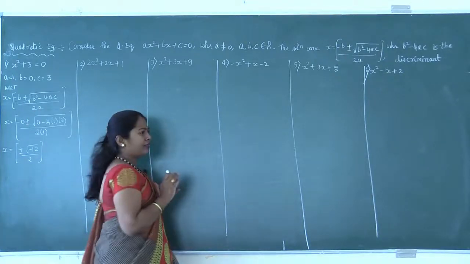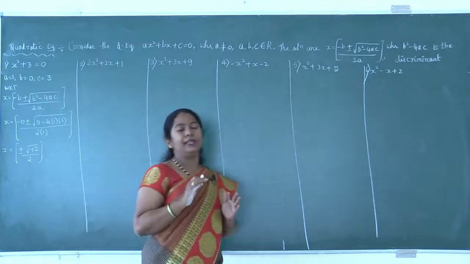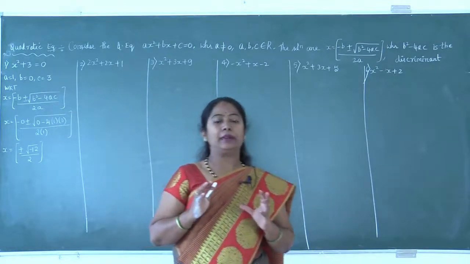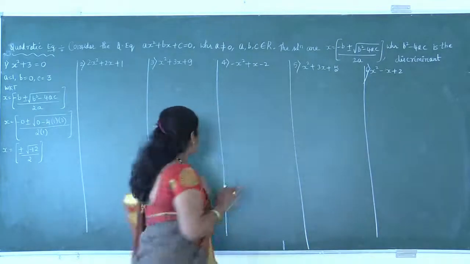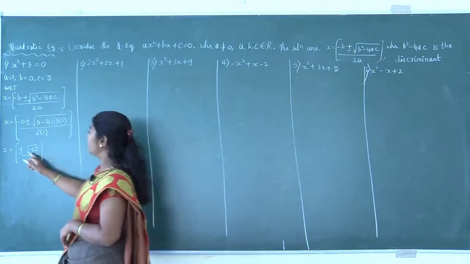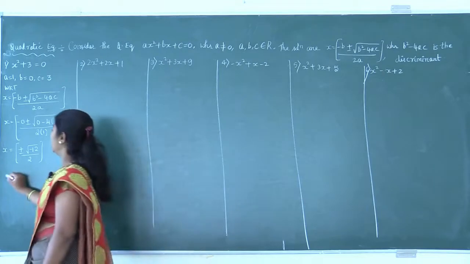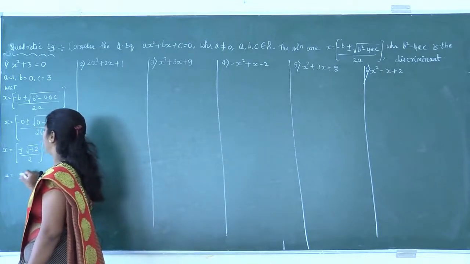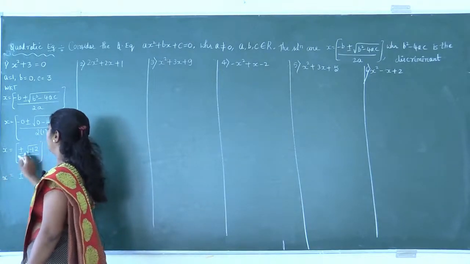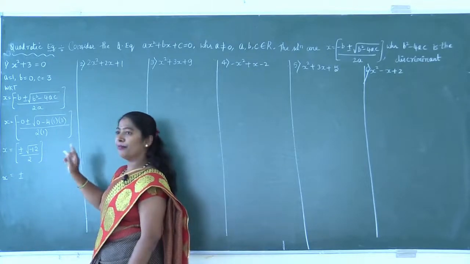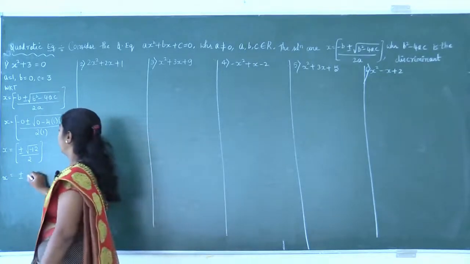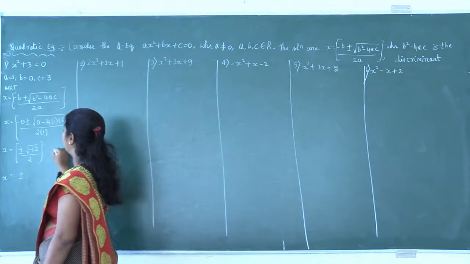Now observe here clearly, what is the value of i? The value of i is nothing but root of minus 1. So can I write this as root of minus 1 into 12? Yes. I can rewrite this as x is equal to plus or minus, what is the value of i? Root of minus 1. So root of minus 1 can be written as what?